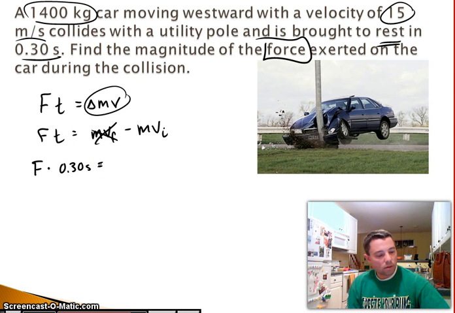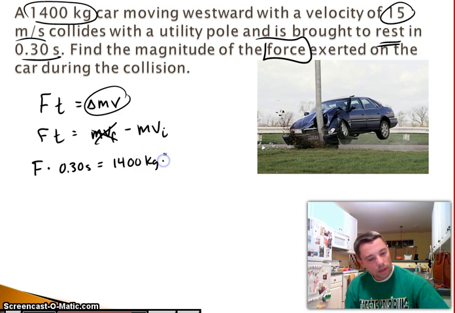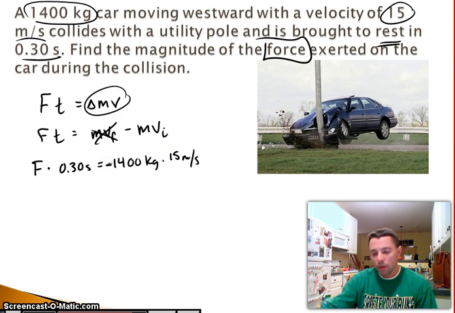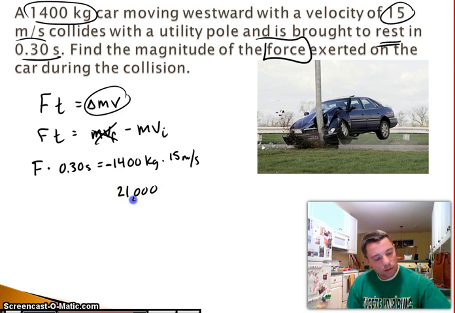And then when we look at this, our momentum is 1,400 kilograms times 15 meters per second, and that's a negative value. So I'm just going to grab my calculator. 1,400 times 15 gives me 21,000 kilogram meters per second.